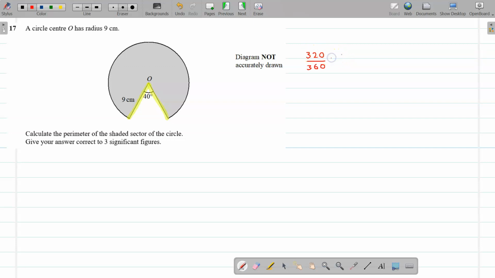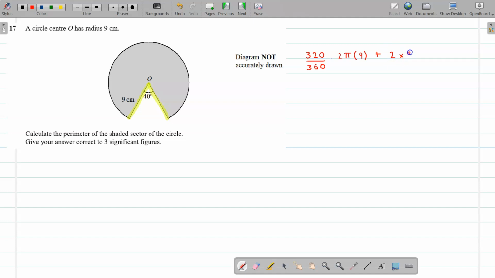So it's that times 2 times pi times the radius. Okay. And I've just got to multiply those together. And I've also got to add the two straight pieces, the radiuses, which is 2 lots of 9.